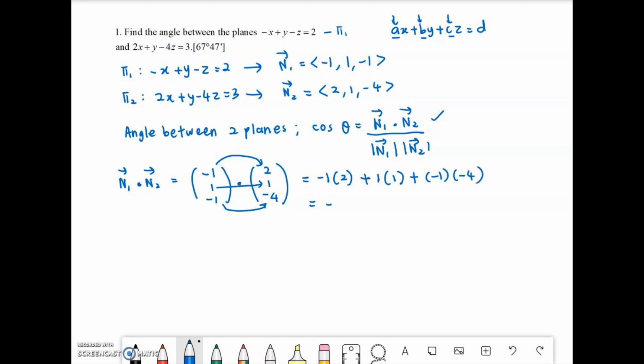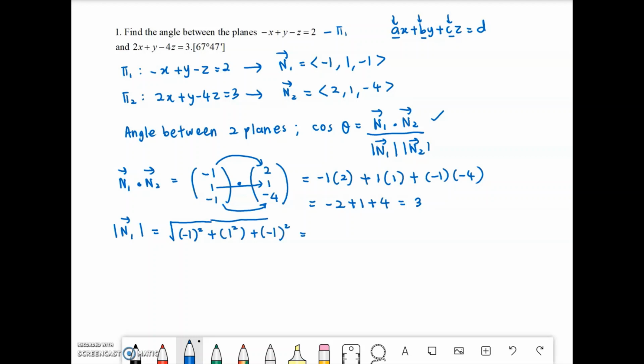Then we have negative 2 plus 1 plus 4, which equals 3. The next thing is that we have to find the magnitude of normal vector 1, which equals the square root of negative 1 squared plus 1 squared plus negative 1 squared.